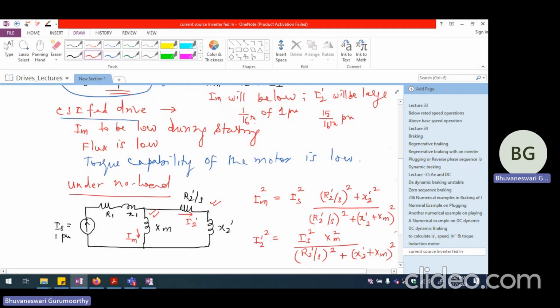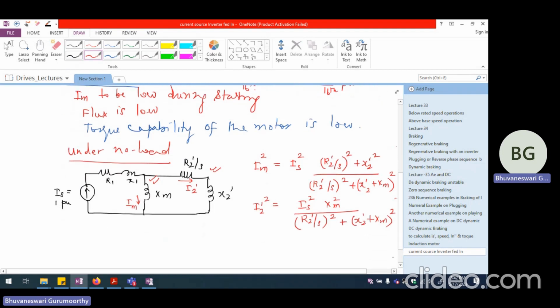These are the expressions that we had written earlier also when we were talking about the previous topic, where we had derived the expression for the DC dynamic braking condition, and we had used these expressions ultimately to derive the slip and the torque and everything. So the same thing I'm writing again for the current source inverter fed induction motor drive case as well.